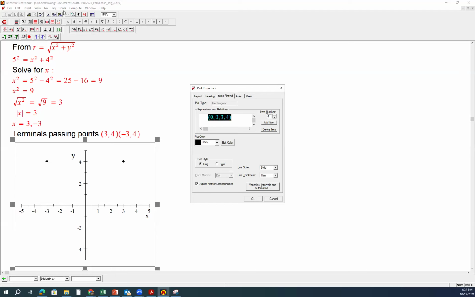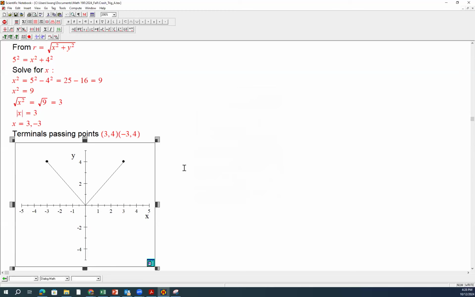One terminal, and another terminal. So we got two terminals. Of course, they can be longer. How do we represent all the angles that share the same terminals?